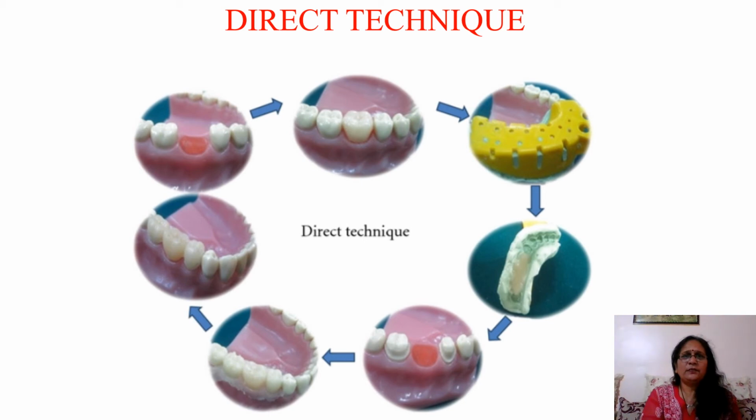After preparation of the teeth, you have to apply Vaseline on the prepared teeth. Use the provisional restorative material, place it in the impression which we have made, place it against the teeth, allow it to set. Once it sets, remove them, remove the excess, try it in the mouth, check for the high points, reduce the high points, and then cement it in the mouth.